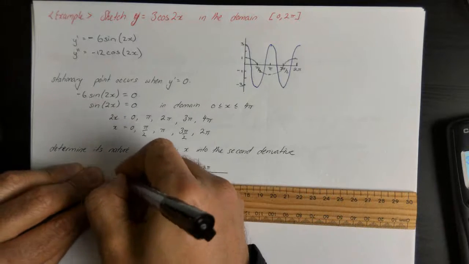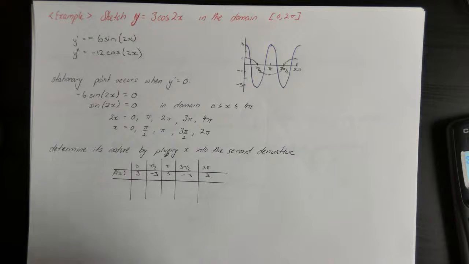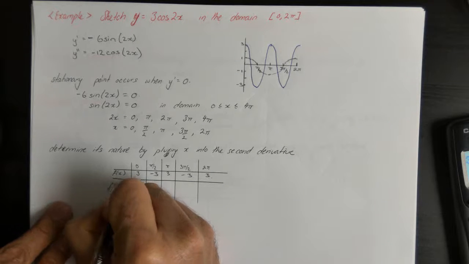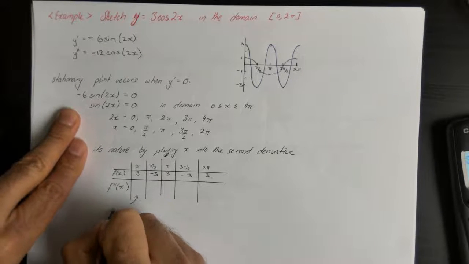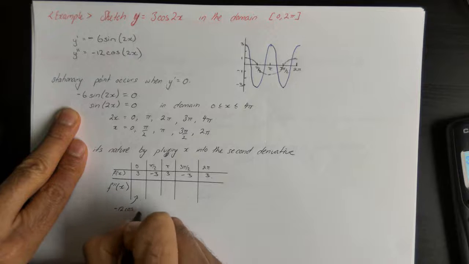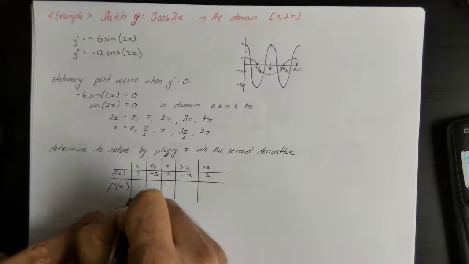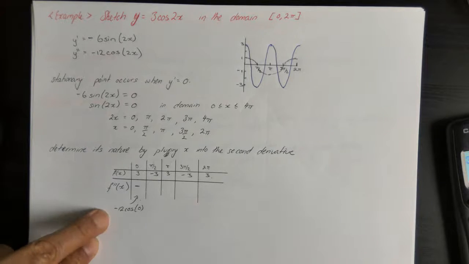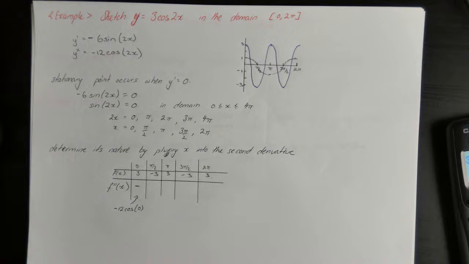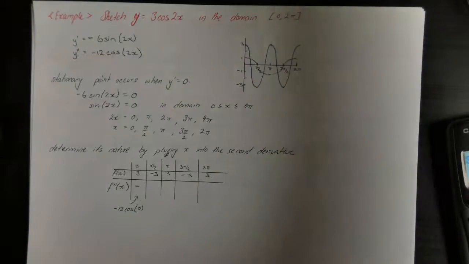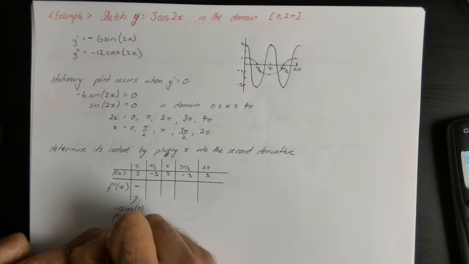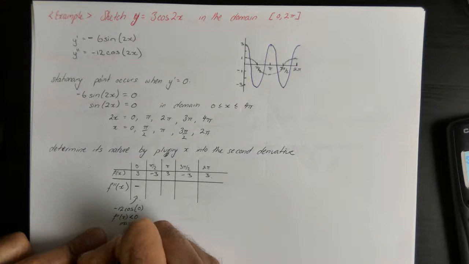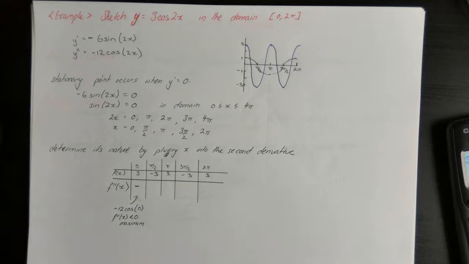And then plugging these values into your second derivative, this would be negative 12 cos of 2 times 0, which is 0. Cos of 0 is 1, so it's negative. Because the second derivative is less than 0, it becomes a maximum turning point.